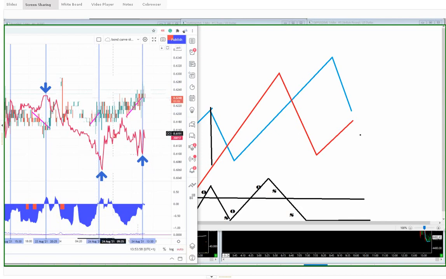But this just keeps you in the background until it starts going positive. You're waiting for it to go positive. You're not really looking for it being negative. You're just waiting for it to go positive, because when it goes positive, of course, you start thinking to yourself, that's the trigger. Because now the 10s 30s is going into completely the opposite direction from the 2s 10s.